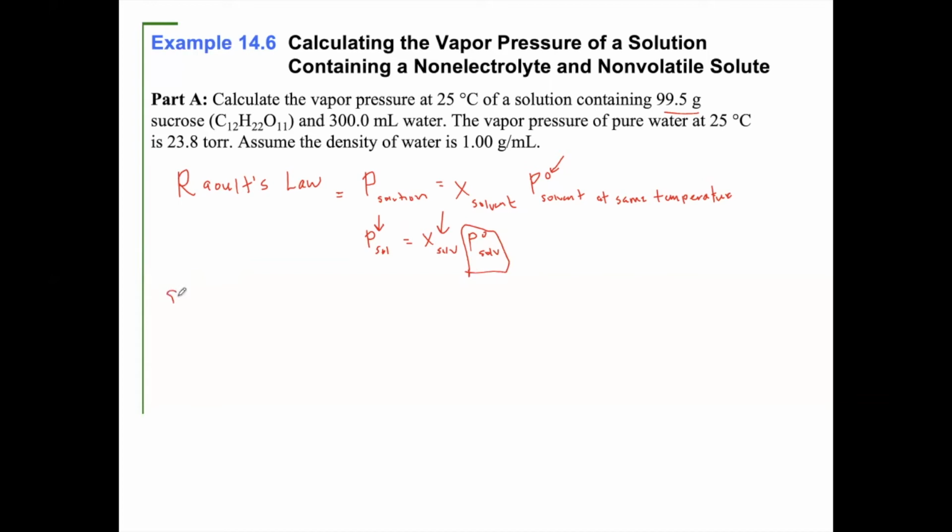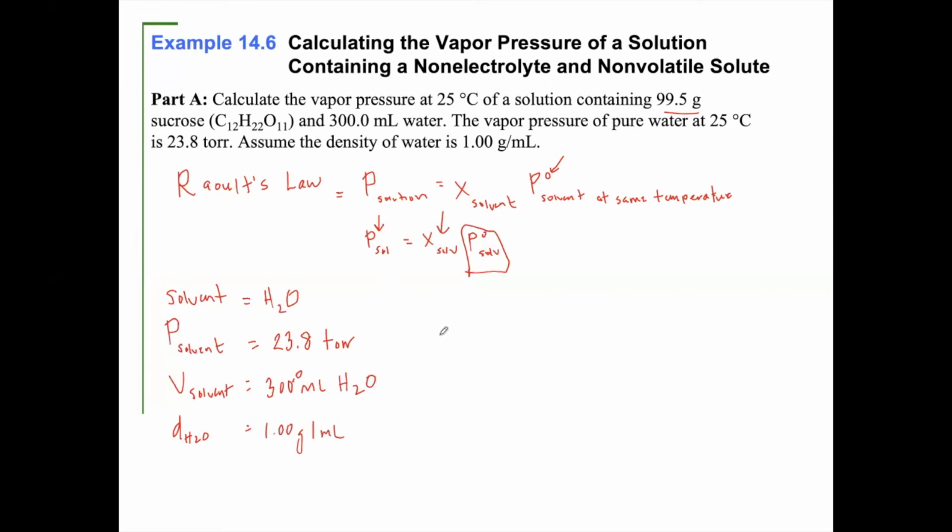So first of all, the solvent is water, right? The pressure of the pure solvent is 23.8 torr. The volume of the solvent is 300 milliliters of water. And the density of water is 1 gram per milliliter.